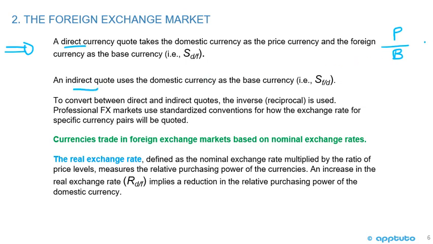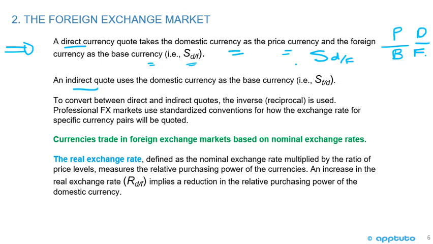So now we're moving from price currency to base currency to another naming convention where we talk about the domestic currency and the foreign currency, okay? So you can see a direct currency quote takes the domestic currency as the price currency and the foreign currency as the base currency. So we can see S is talking about spot rate. So the nomenclature is S, D to F.